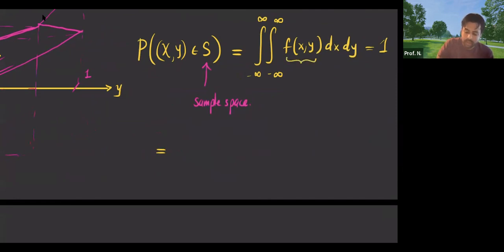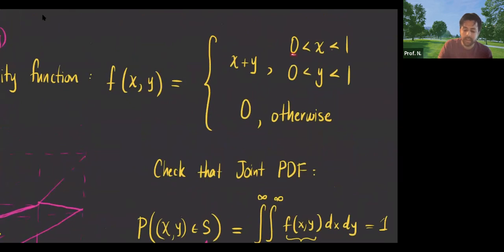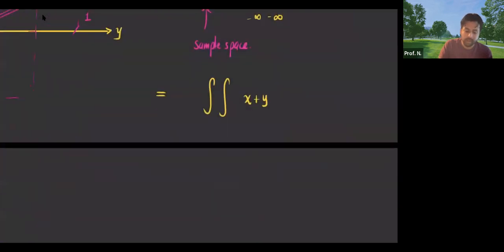So what's f of x and y? Well, it's x plus y. And the values for x and y are strictly defined, between 0 and 1, so I don't have to worry about that.